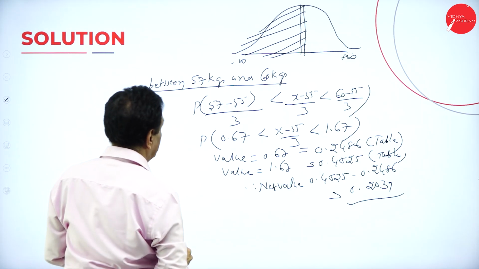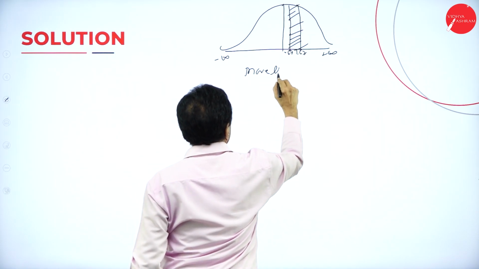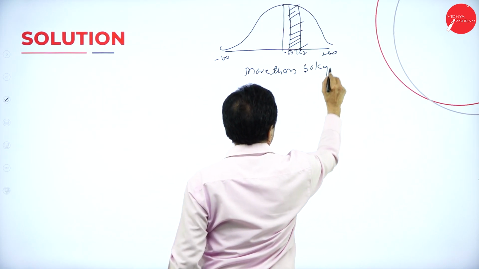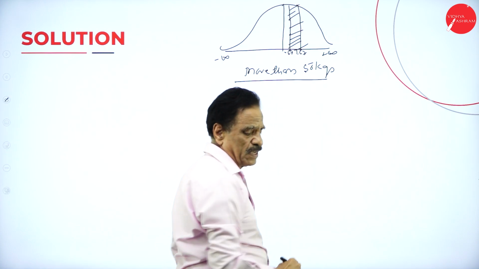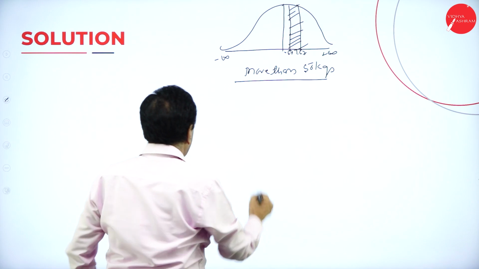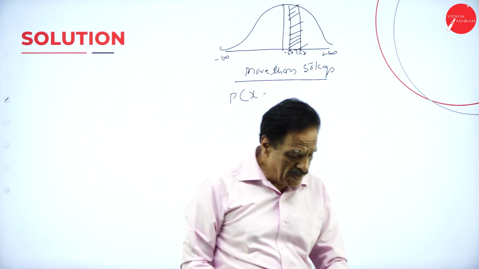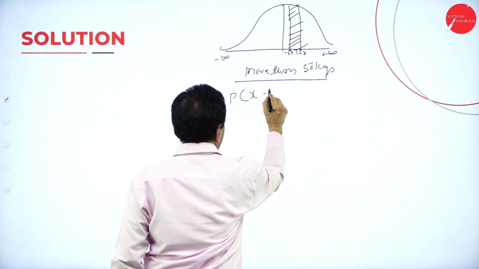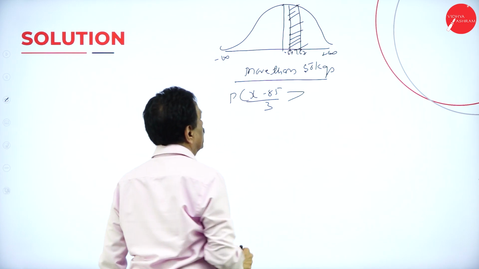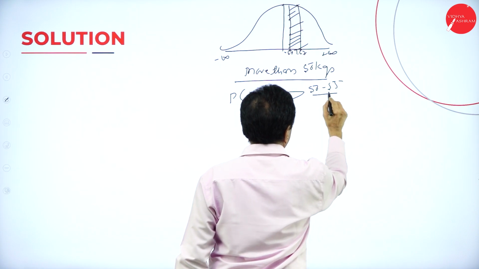More than 50 kgs. This is more than 50 kgs. So, P(x minus, what's the mean value? x minus 55 divided by 3 more than, what's the x value? 50 minus 55 divided by 3.